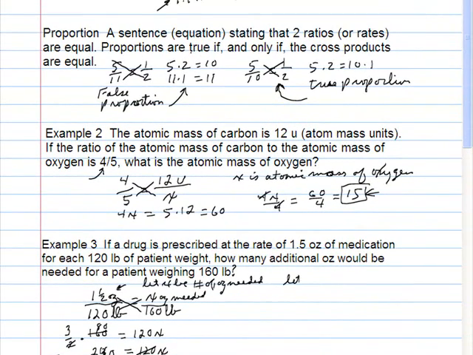I could have said let X be the additional ounces needed for the 160 pound patient, and then the total ounces needed would be the original ounces, 1 1/2, plus the additional X ounces. And that would give me the total ounces needed for a 160 pound patient.